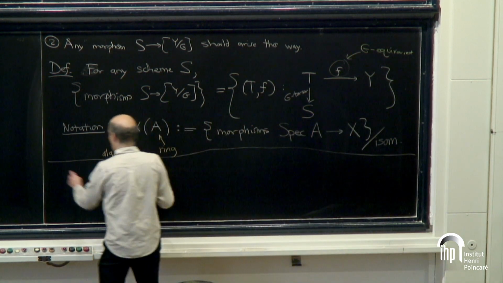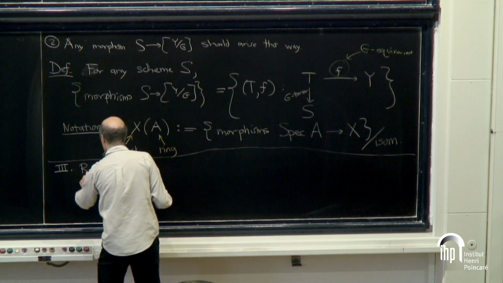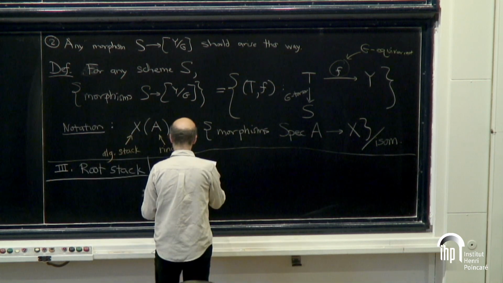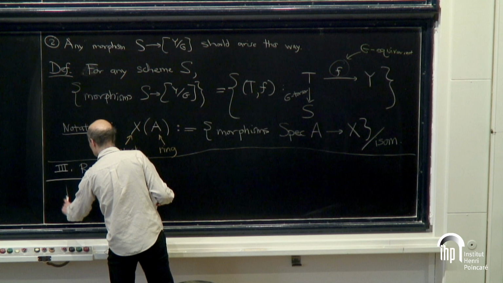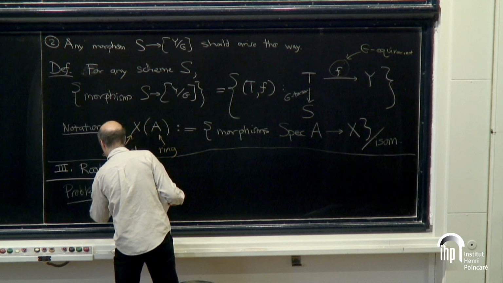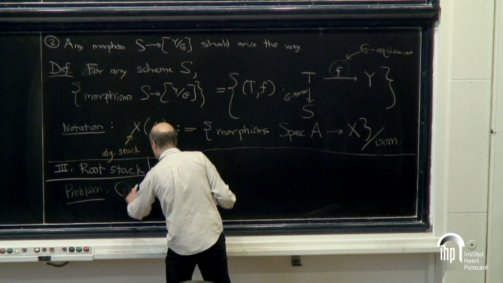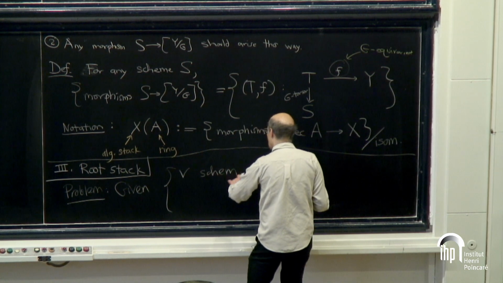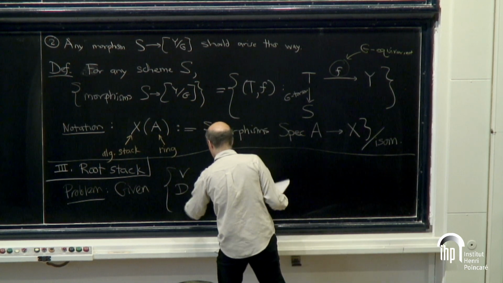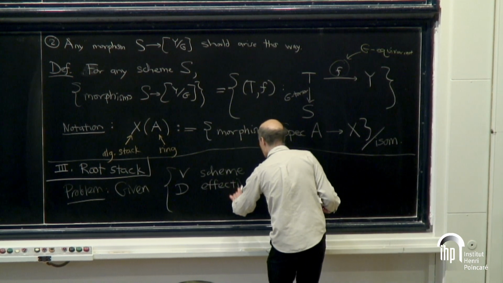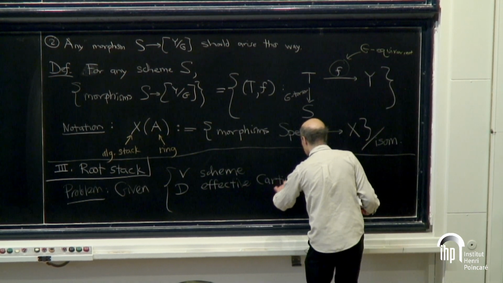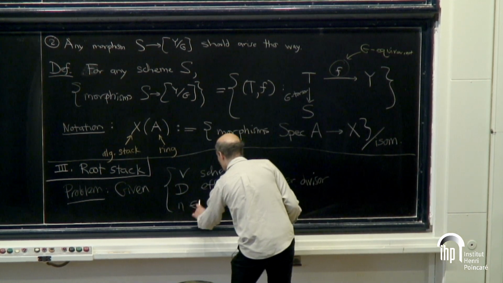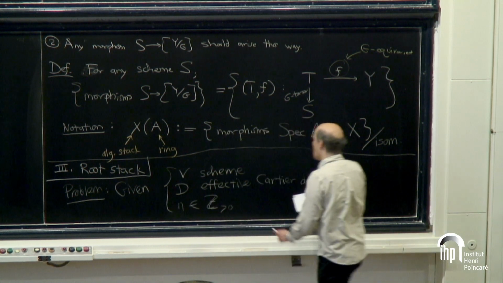So another example is what's called a root stack. For this, you imagine the following problem. You're given a scheme V, an effective Cartier divisor D, so it's locally principal, and a positive integer n.